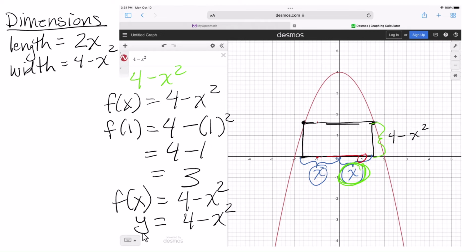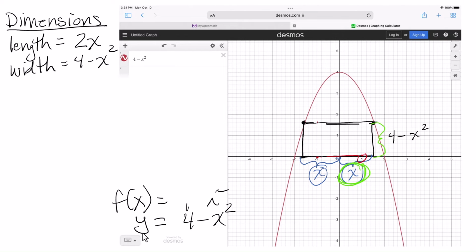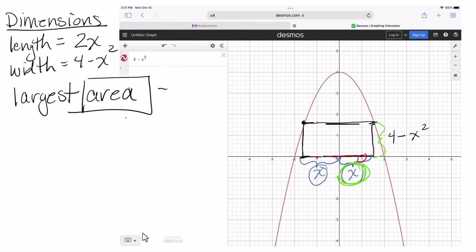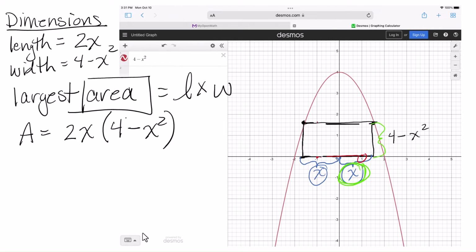The next part is a little more straightforward. We have to remember that they were looking for the largest area. Area equals length times width. So to get the area of our rectangle, we take our length, 2x, times our width, 4 minus x squared.